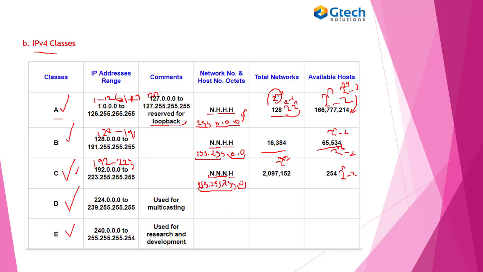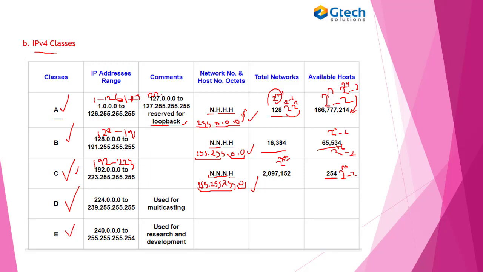The host bits are only 8, only one octet, 8 bits, so 256 minus 2 is 254. Okay, so I hope you understand how you can differentiate between a class A, class B, and class C IP addresses, noting the network portion and host portion, the total number of networks and available hosts, and then subnet masks in every case.